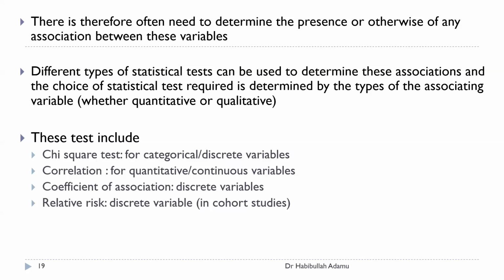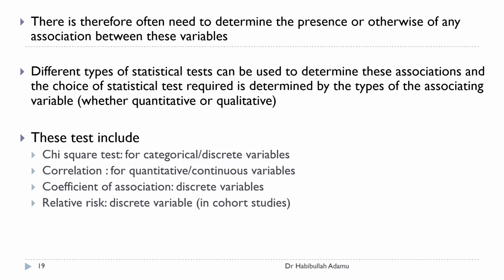So it's encountered in studies like cohort studies. Cohort studies are epidemiological studies that deal with the effect of exposure to something, whether exposure to a factor can lead to disease in future or not. So you can follow up two groups, maybe one group exposed to the factor you are suspecting, the other group not exposed, and you follow them for a long time, maybe 15 years, 20 years, and at the end of the day, you carry out your analysis.